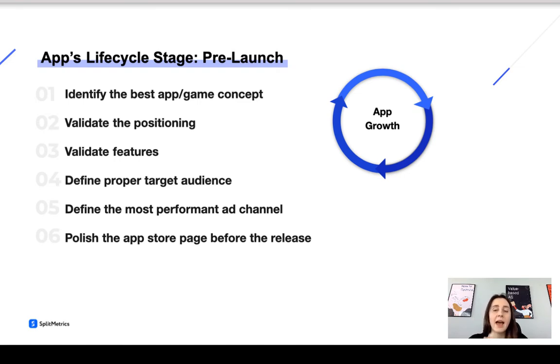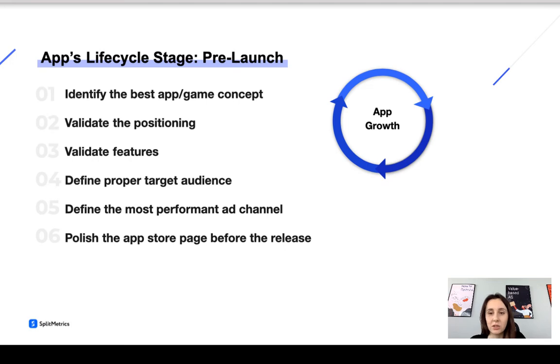So in short, A/B testing on pre-launch can help identify the best concept of your app or game, validate the positioning and the features, define the proper target audience and the best acquisition channel, and polish your App Store page before the release.